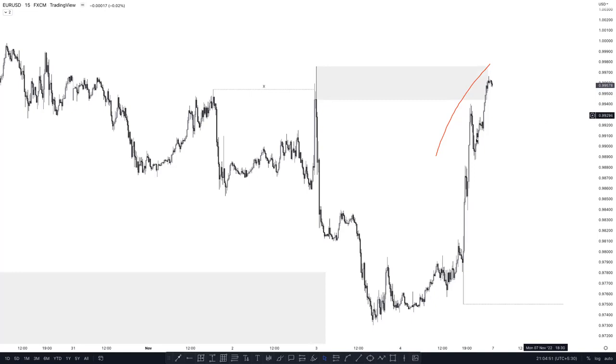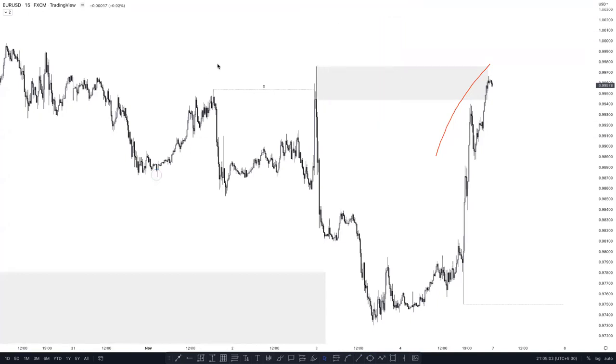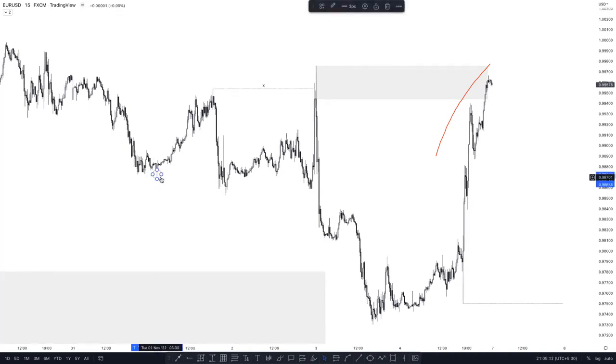Mark the structure. Okay. So in this case, if you start from here, this was our lower low, I mean, the lowest point is here. So this one is our lower low. And after that, what happened here?